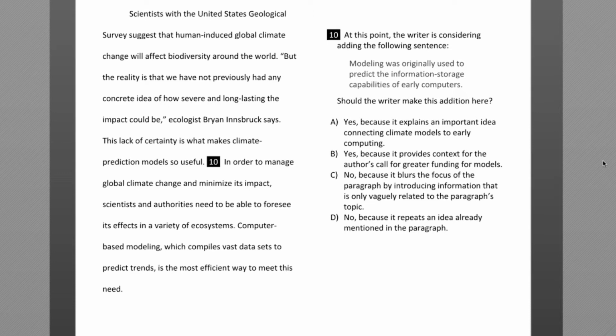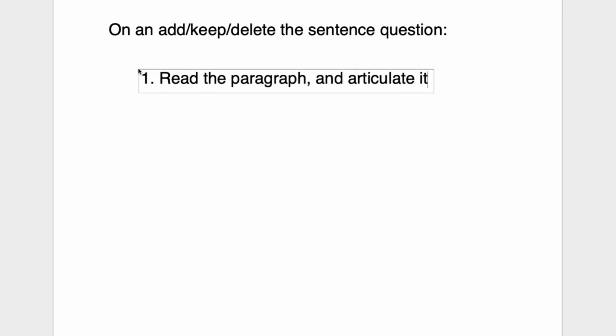The way that I recommend for my students to approach an add, keep, or delete the sentence question is like this. First of all, I need to ask myself, what is the main point of the paragraph? In other words, step 1 is to read the paragraph and articulate its main point as specifically as possible.